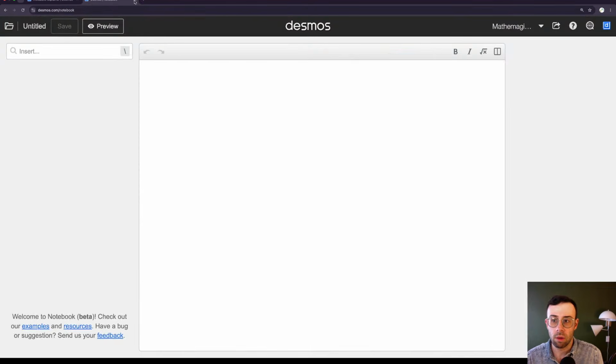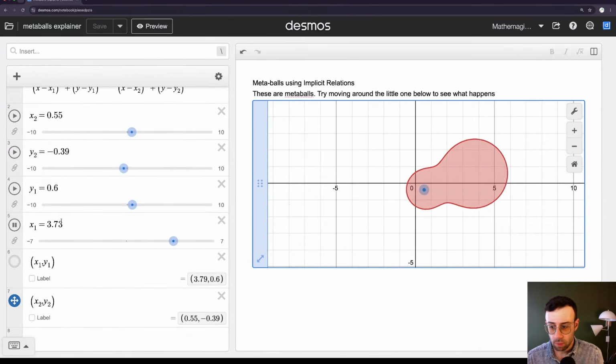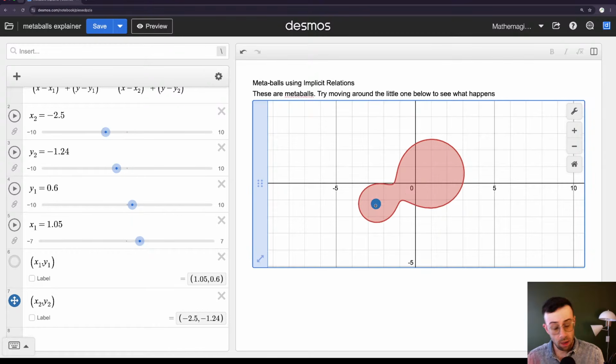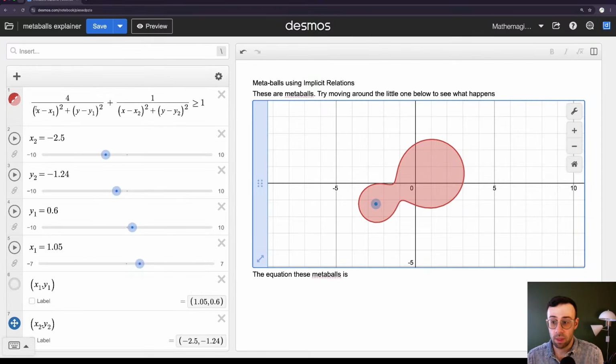Okay, cool. All right, that looks good to me. I'll pause that for now so that it's not bugging me. The equation for these metaballs is, and then let's copy this equation.